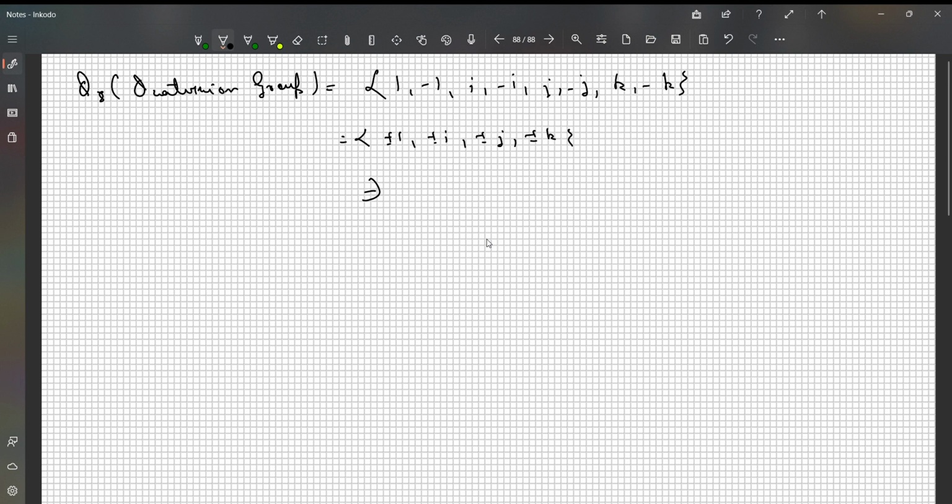The properties are such that ij equals k, jk equals i, and ki equals j. And if I reverse the notation, that is, if you have ji, then that's minus k. If you have kj, then that's minus i, and if you have ik, then it's minus j. Then also you have i squared, j squared, and k squared.